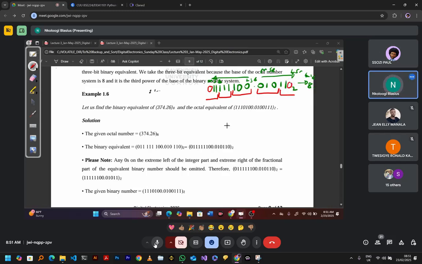You pad a 0 here. Okay. After padding this 0, it means that now you have to convert a new binary.